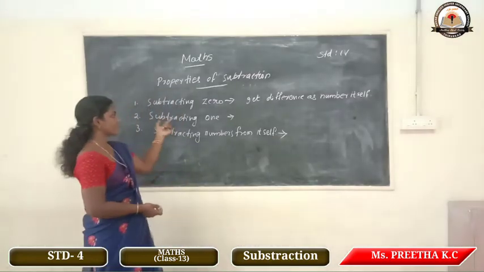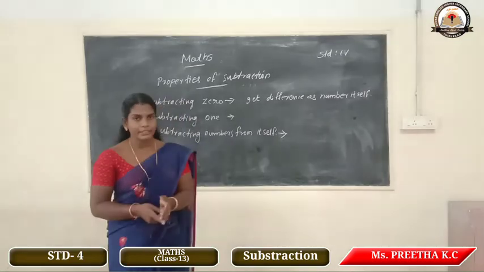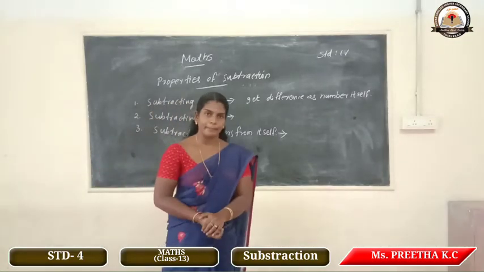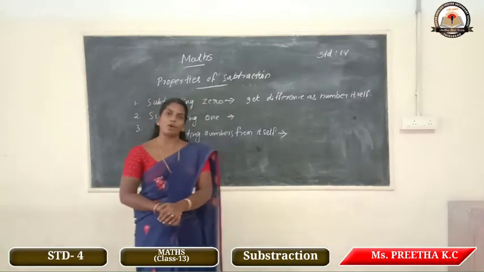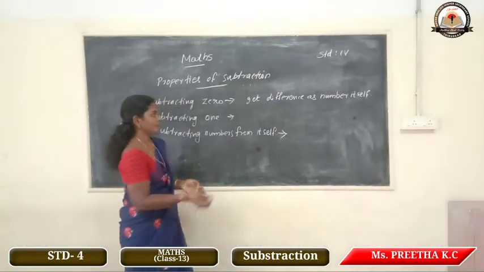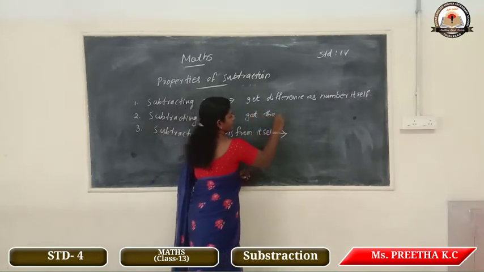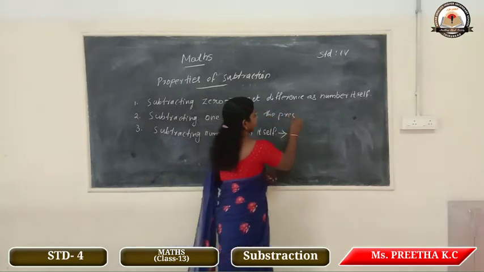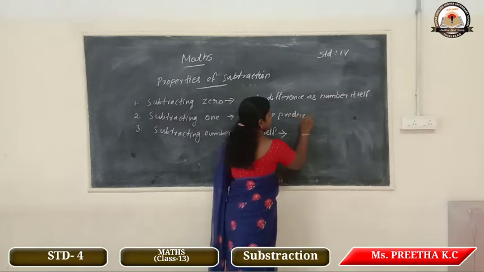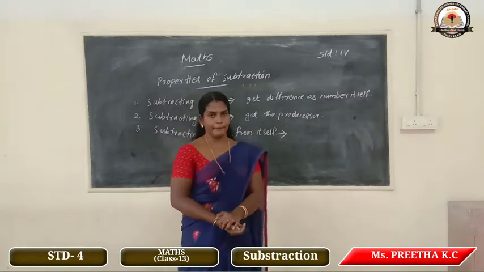Now let me check the subtracting 1 property. When we subtract 1 from any number, we get the predecessor of that number as the difference.